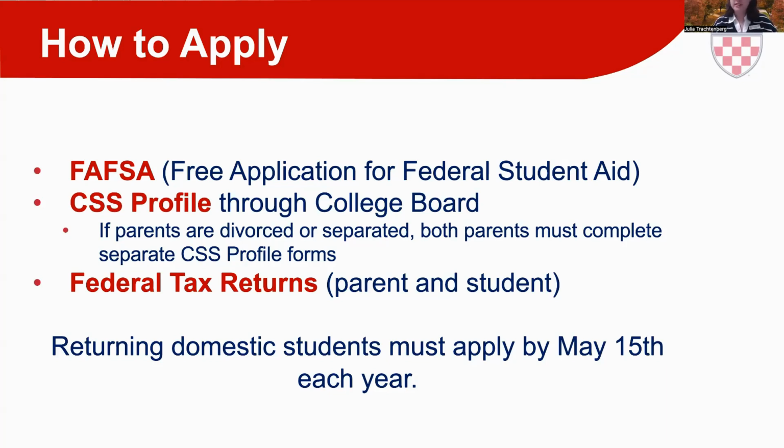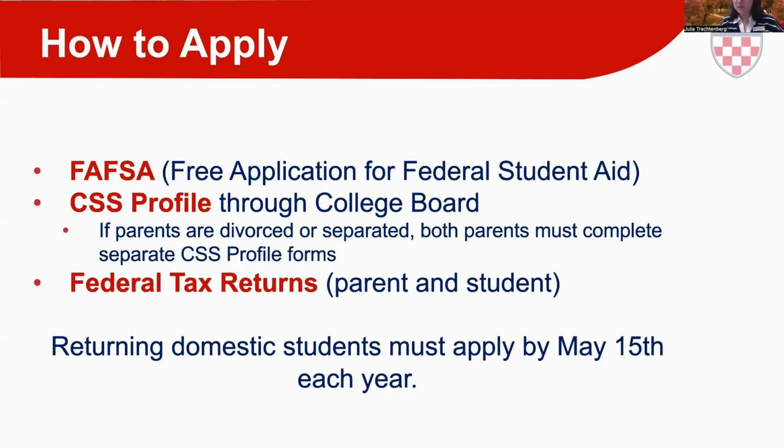A couple other things to note about these applications. If your parents are divorced or separated, the FAFSA is only going to ask for your custodial parents' information, but the CSS profile will ask for information about both parents. So both your custodial and your non-custodial parent will need to fill out a CSS profile for you.